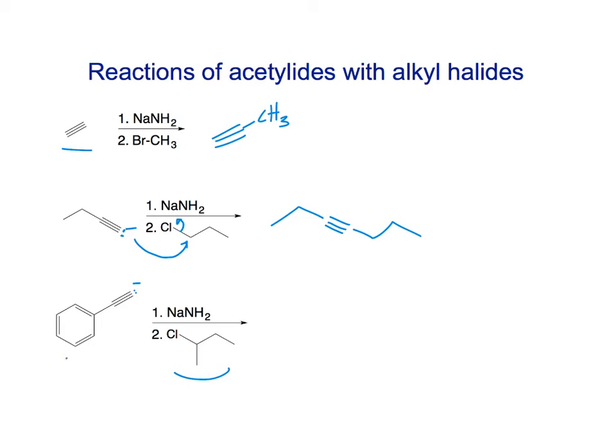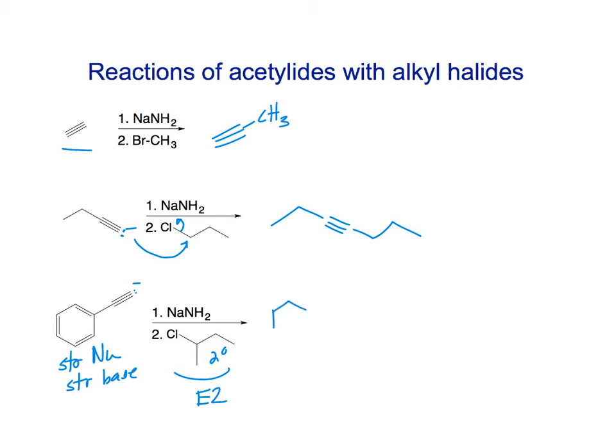We have a very strong nucleophile, which is also a strong base. And we have a secondary alkyl halide. What's going to happen? SN2? No, probably not. In this case, probably what's going to happen is an E2 elimination.